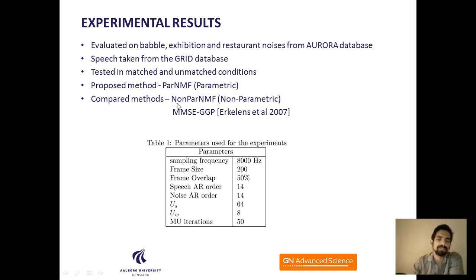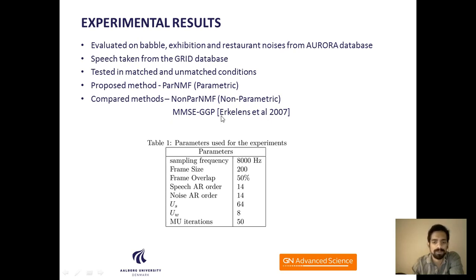And we will denote our proposed method as Parametric NMF, and we have then compared it to two other methods. One is the non-parametric NMF, where there is no parametrization involved in the creation of the basis vectors, and the other is an unsupervised method which we denote as MMSE-GGP, taken from this reference. And we would like to remark here that typically the NMF based speech enhancement methods try to approximate the magnitude spectrum rather than the power spectrum.